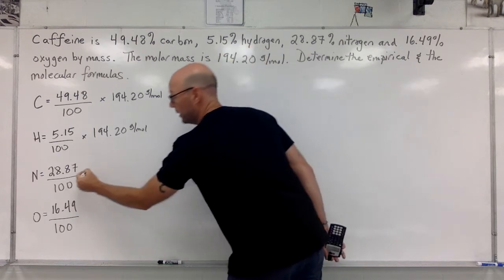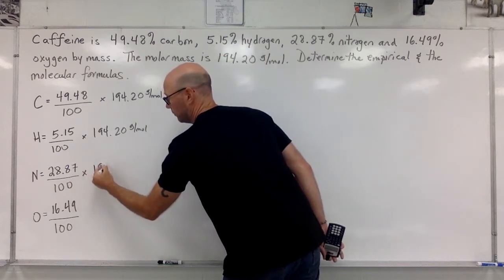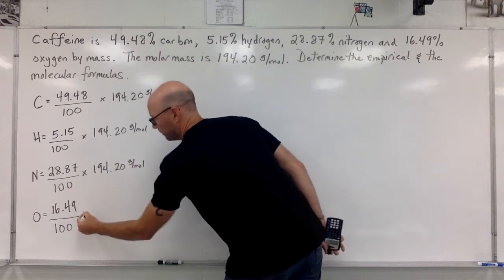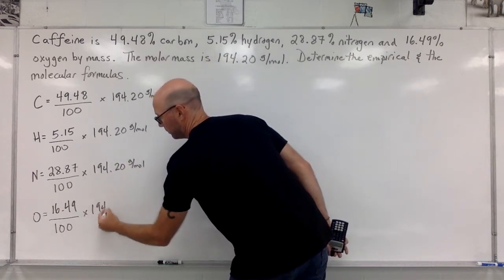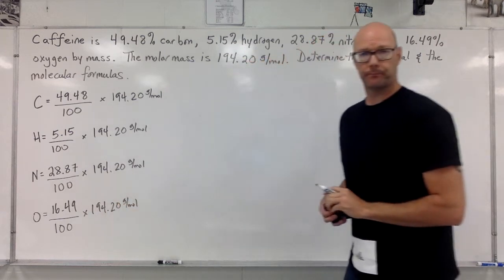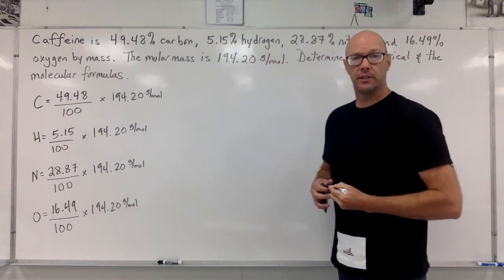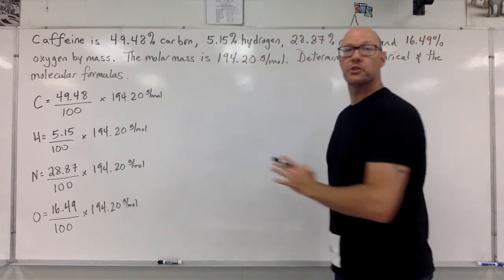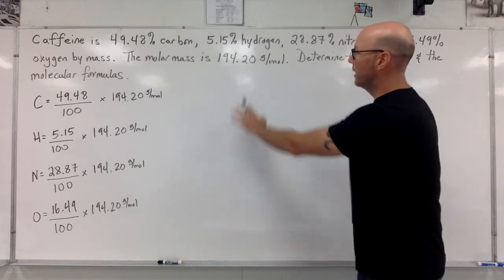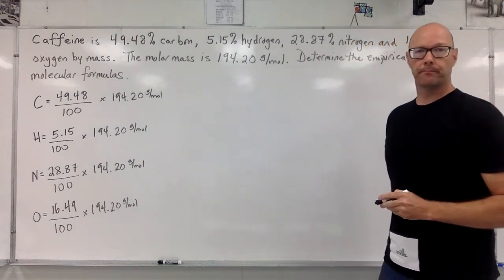Gets a little bit repetitive, but that's okay. Take the percentages, convert them into decimals by dividing by 100, and then multiply by the molar mass, which is right in the question.